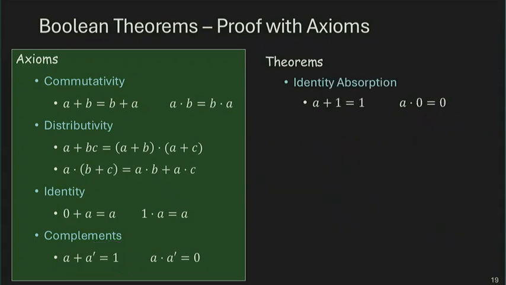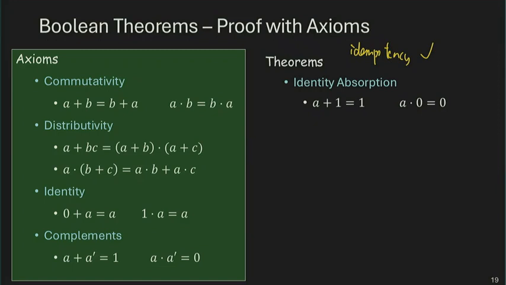All right. So now we have proved idempotency. If you want, you can use it for your subsequent proofs. So let's try another one, identity absorption. A plus 1 equals 1. Again, which is very easy to prove using the truth table for 2-valued Boolean algebra.